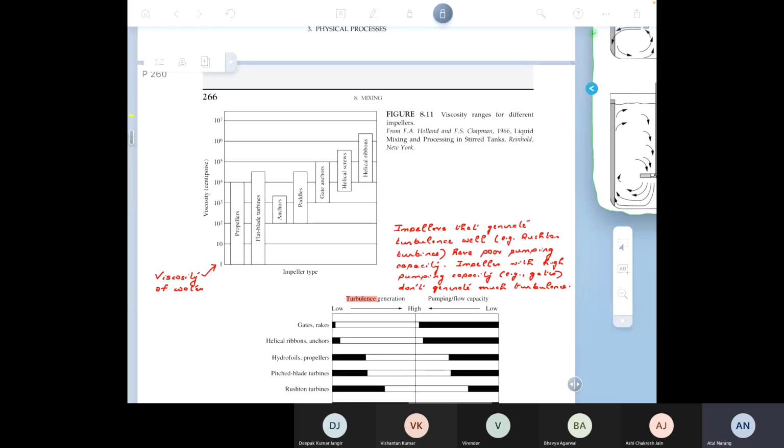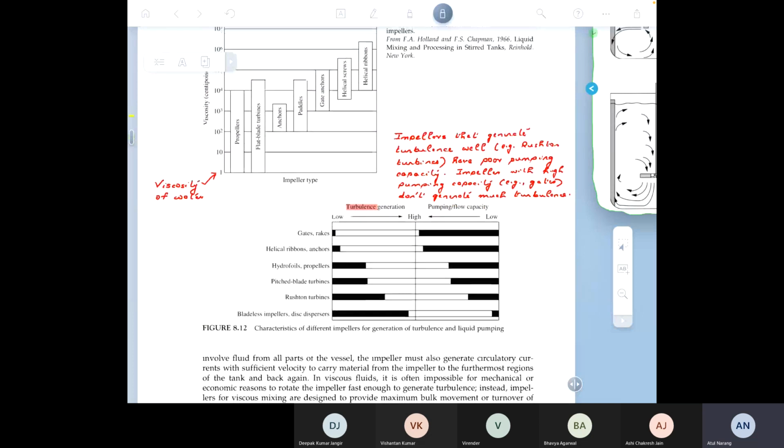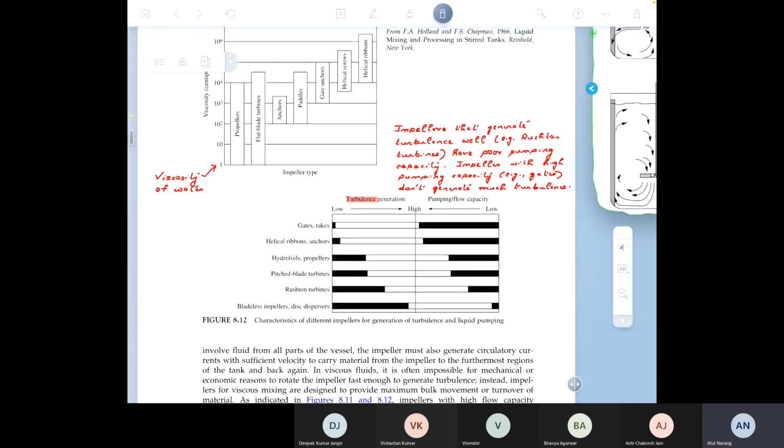Another point regarding these various impellers is that there are two functions of an impeller. One is that they generate turbulence, and the other is that they generate flow. Flow meaning they push the liquid around. And basically, it turns out that impellers that do one thing well do a pretty poor job of the other one. There seems to be a trade-off between the two, and the reasons for me are not totally clear.